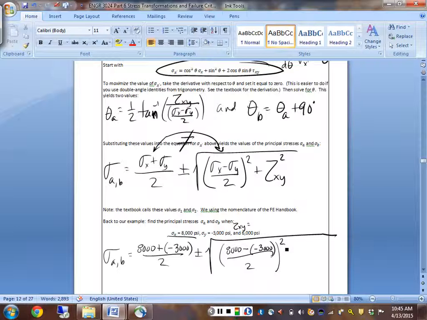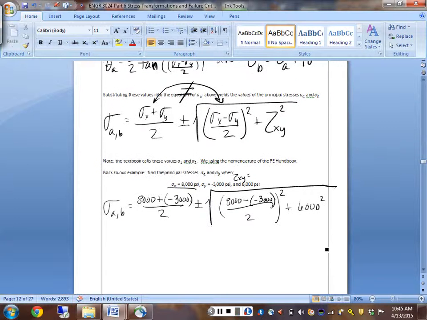And what else goes under here? Plus 6,000 squared. All right.